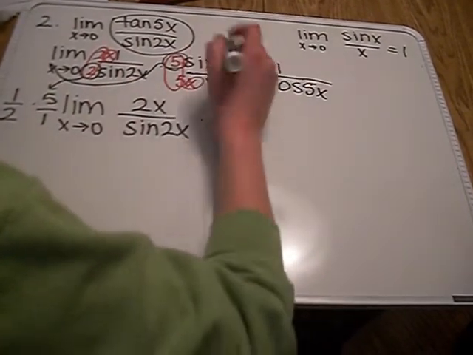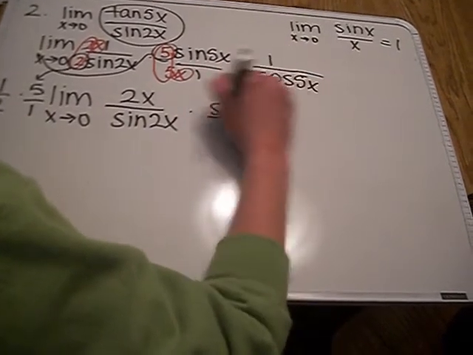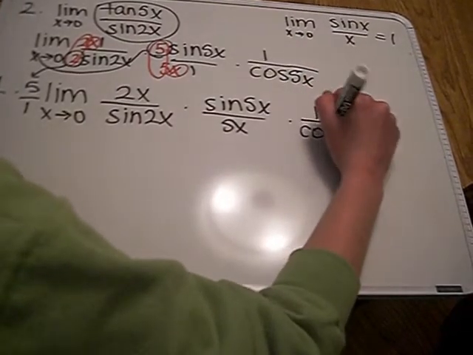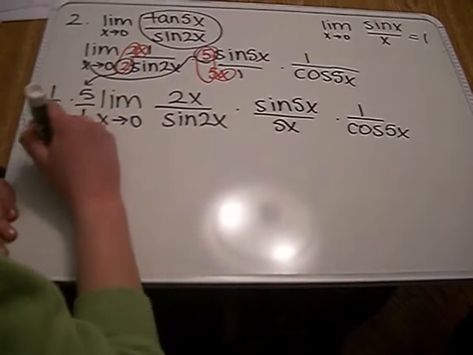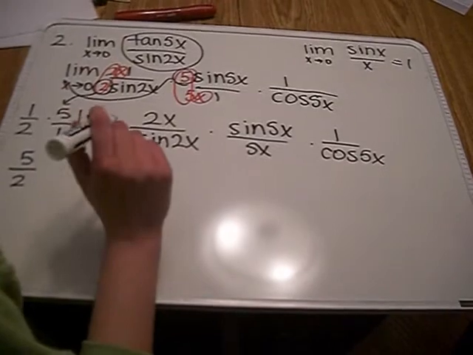And then I'm going to simplify this term to the sine of 5x over 5x times 1 over the cosine of 5x. This becomes 5/2. And now we're going to evaluate each term.